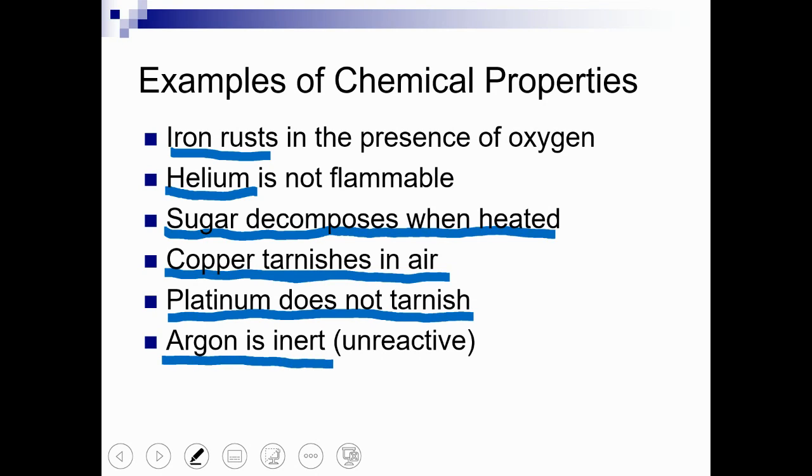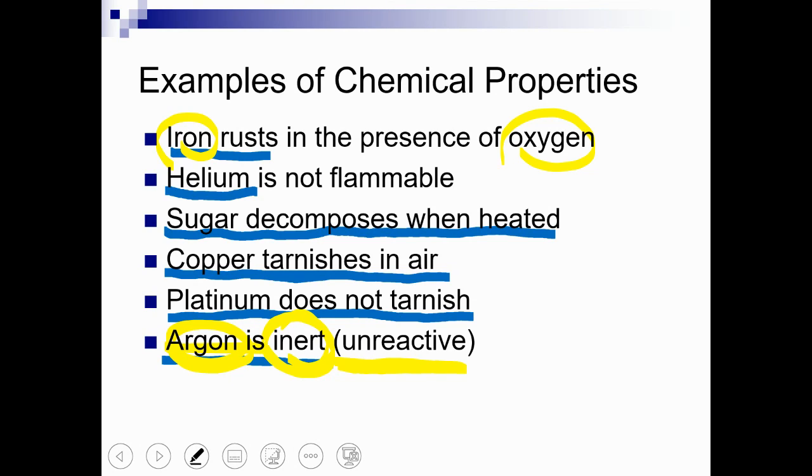Argon is inert. Argon is a gas. It is in the far right column on the periodic table. This is a nice vocab word for us. Inert means unreactive. Okay? Those gases that are in the far right column, they don't react with anything. And the fact that so many metals react with oxygen is why they can't put air in a light bulb. They have to fill a light bulb with argon because when the little filament gets hot, that metal filament inside of the light bulb will not react with the argon.